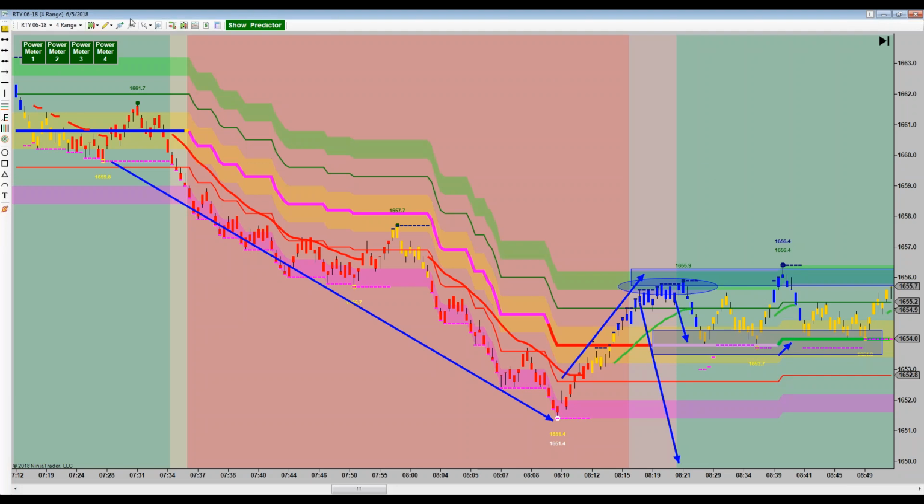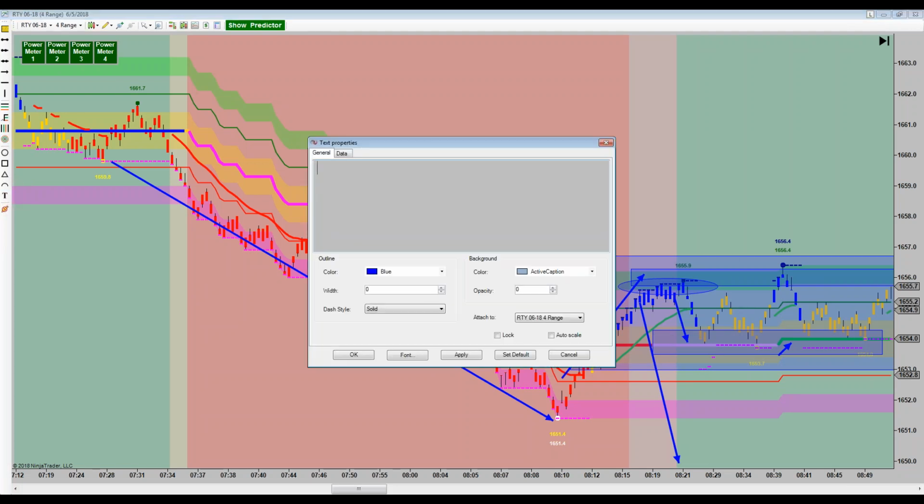So here is a healthy way to think about this area. I'm just going to block the whole area in like such. This is really what's considered when you're looking at trends, ranges, and trend changes. This is what you call a transitional area.